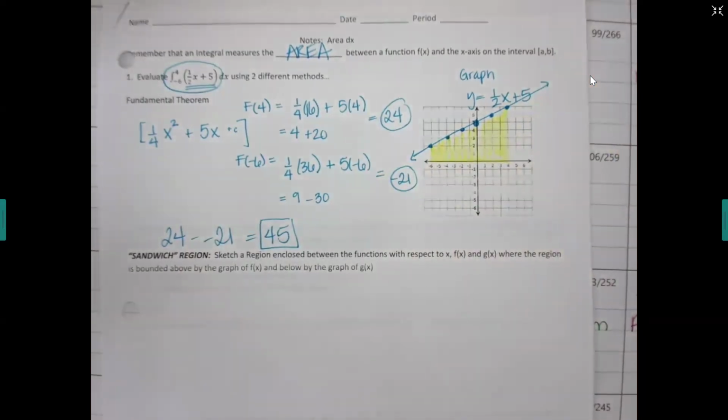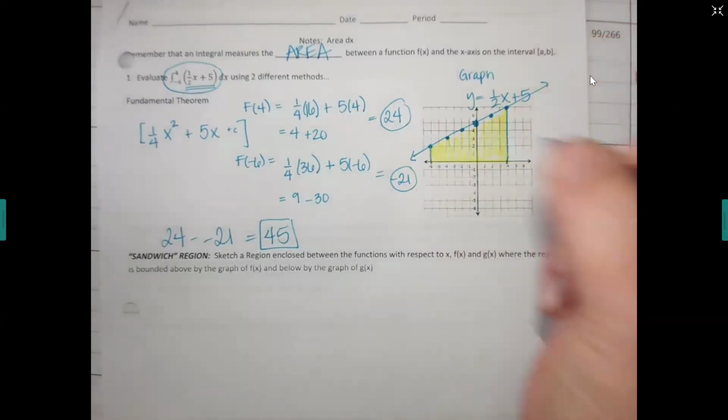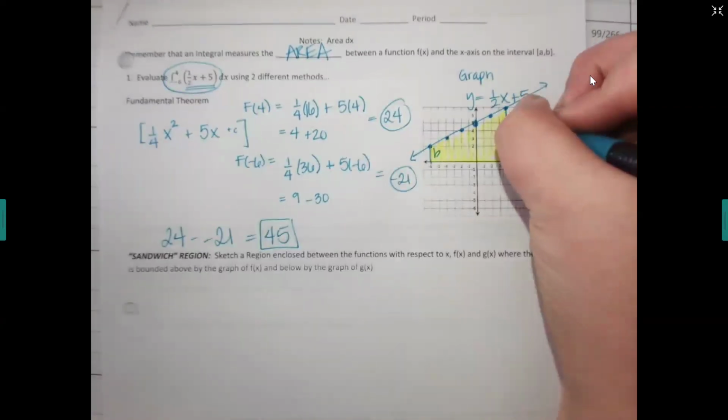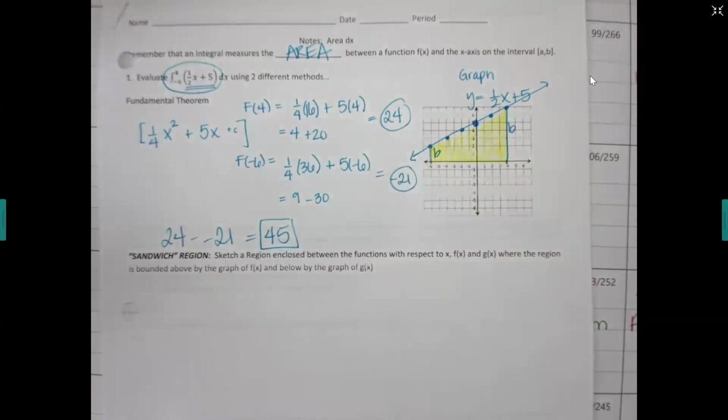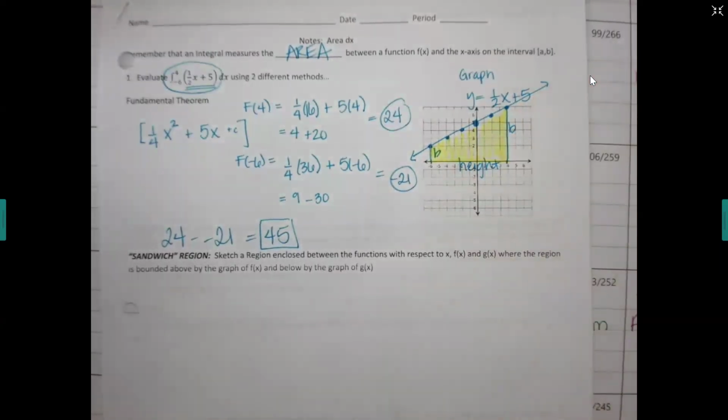Now, remember that if they're asking you to evaluate the integral, it has to be a shape you can calculate the area for. So in this case, what shape is that? Trapezoid. So it'd be 1/2 base times height. Remember that the bases have to be parallel to each other. So that means that my height is this way across the bottom.